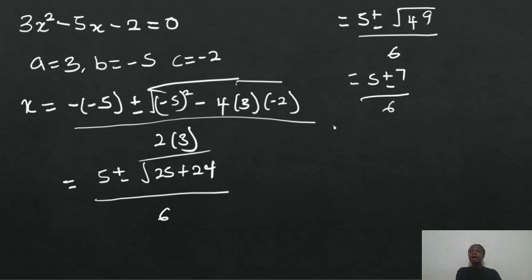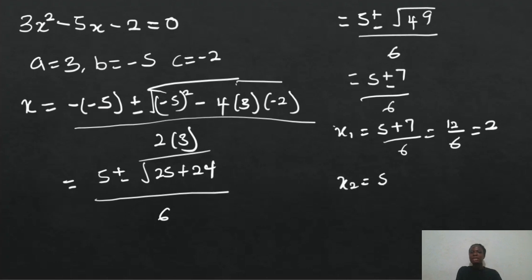It means that x1 is 5 plus 7 on 6, which is 12 on 6, giving us positive 2. And x2 is 5 minus 7 on 6, which is negative 2 on 6, giving us negative 1 over 3.